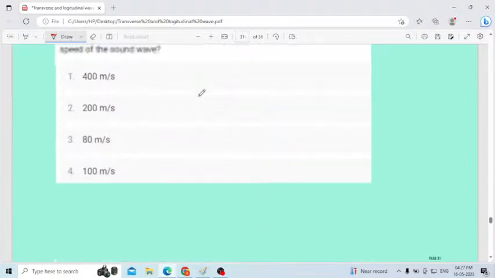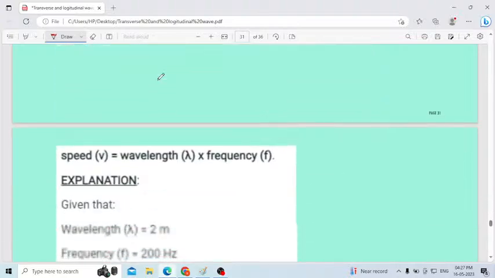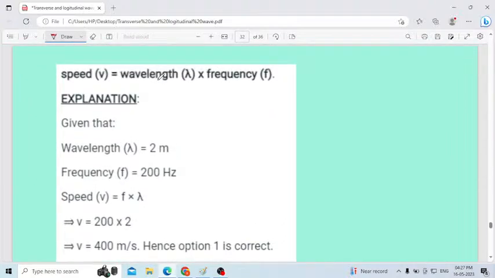Next one. The frequency of a sound wave is given as 200 hertz, and the wavelength is 2 meter. What is the speed of the wave? A very easy question. Wavelength and frequency are given, so the speed of a wave, v, is f lambda. F is 200 hertz, lambda is 2.